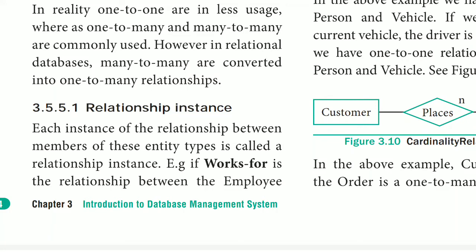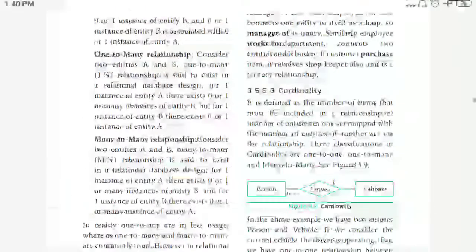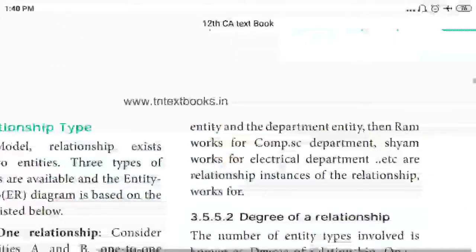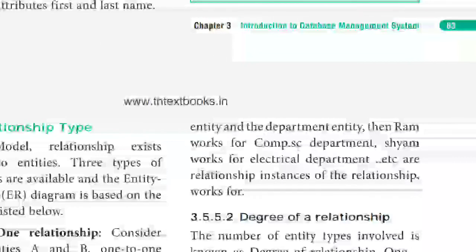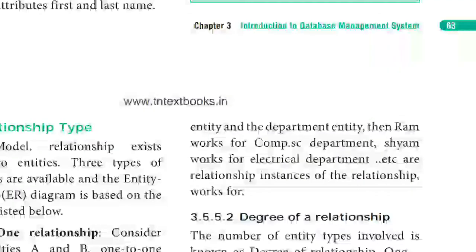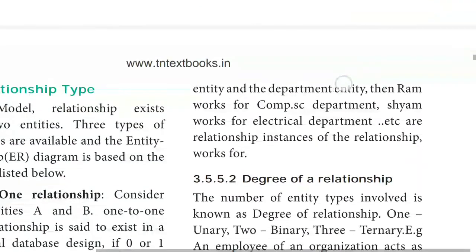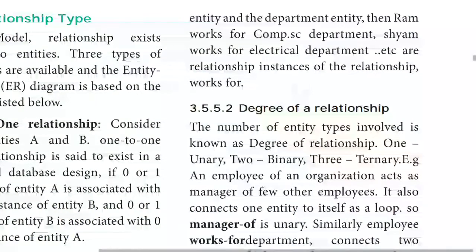For example, works for is the relationship between employee and employer. So Ram works for the computer science department, Sham works for the electrical department. So these are all the different relationship instances. The entities are working in a department.